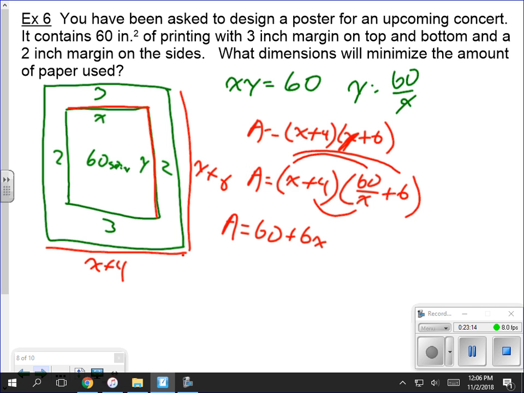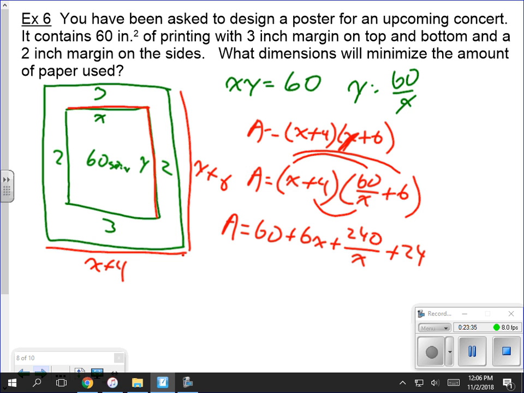Four times 60 is... I know some of you are OCD and want to combine up the constants, but I'm taking the derivative. I don't care.